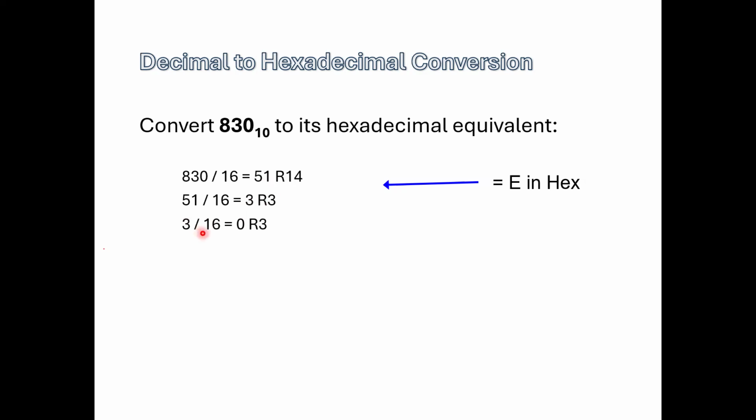If I have 3 here, what is the closest number I can get to? It is when I multiply 16 by 0, I'll get 0. So there will be a remainder of what? 3. And remember, when you get to 0, you can't go again. So you just have to write your answer. And where did we say our most significant bit starts from? Is it from the top or the bottom?